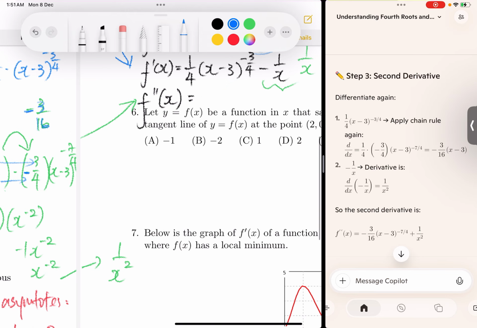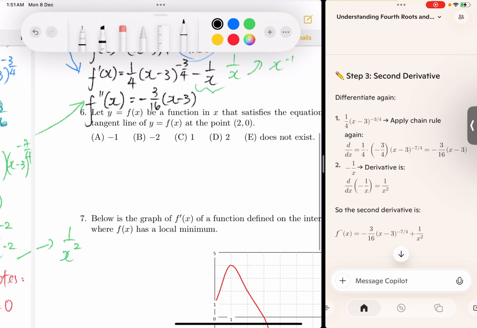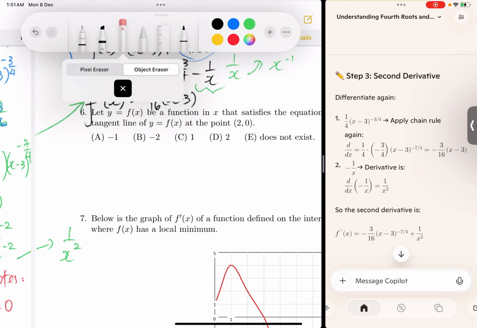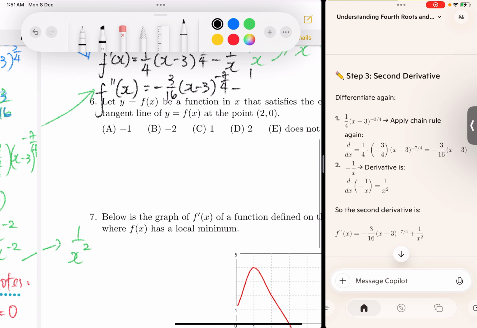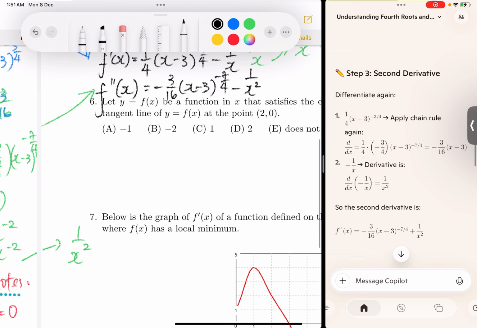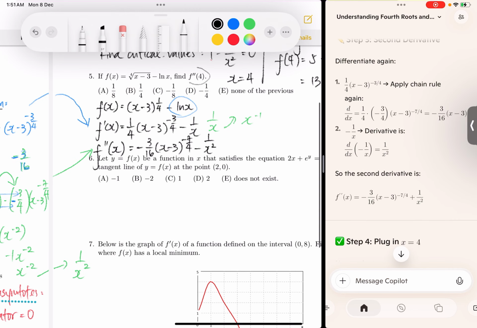The whole thing is going to become negative 3 over 16. Damn, that's a long thing. x minus 3 to the negative 7 over 4, minus 1 over x squared. That's the second derivative, and now we have to plug in 4.